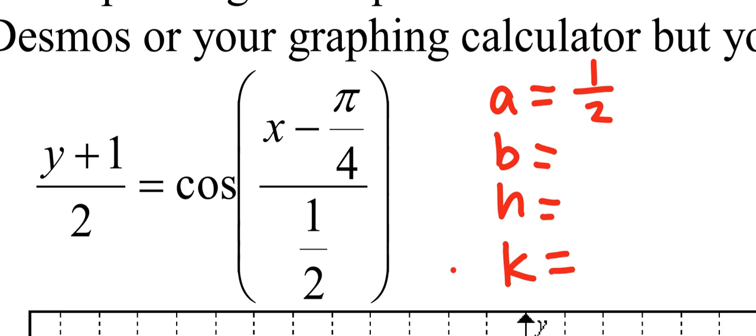Now, it would be a lot more obvious if A and B were negative, and then we would have some reflections going on. I'm going to stick with positives because I think that you guys are doing enough just to get this thing moved around and stretched and shrunk and all that good stuff.